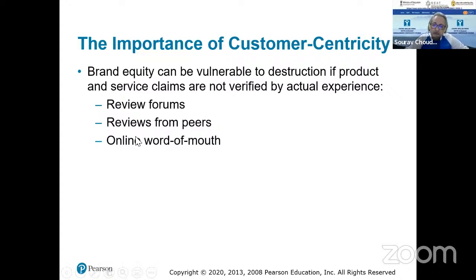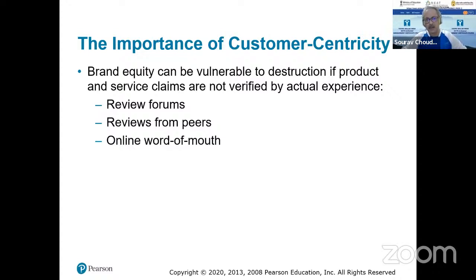Okay, online word of mouth, listen to the social media. Social listening is supposed to be done, and understand how the whole market is changing. Okay, because brand equity can be vulnerable to destruction if products and services claims are not verified by actual experience. So, your claims should not be something which is not there in your product. And second thing, you have to get your product verified, your claims verified by your consumers.